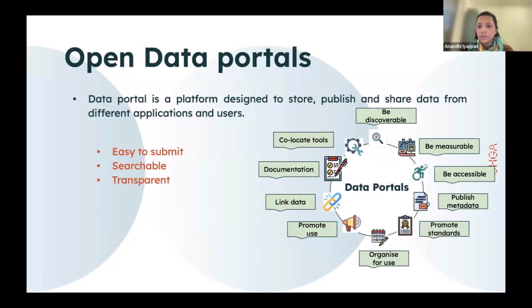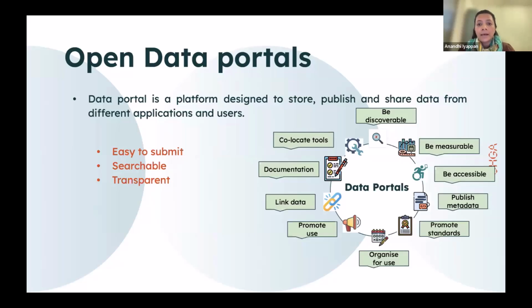The European Commission also came up with a seven or ten pointer on how data portals should be designed, or what an open data portal should contain. As you can see in the figure, the data in data portals should be discoverable, measurable, and accessible, with strong metadata backing up the data being generated.